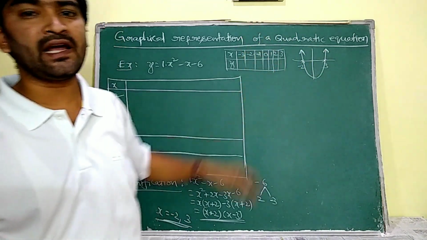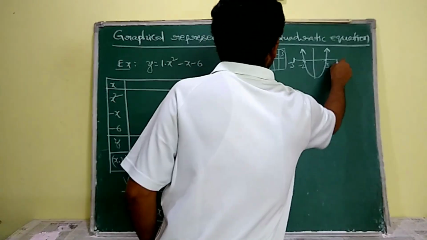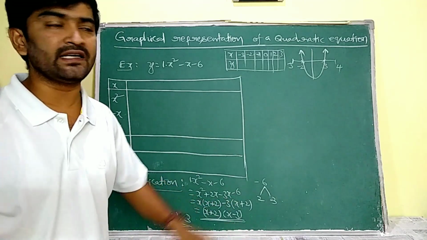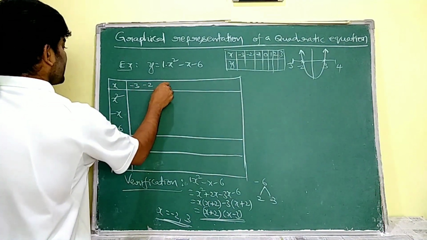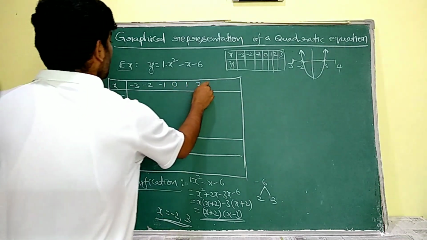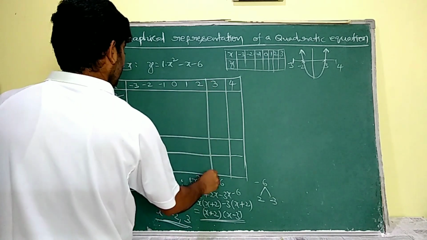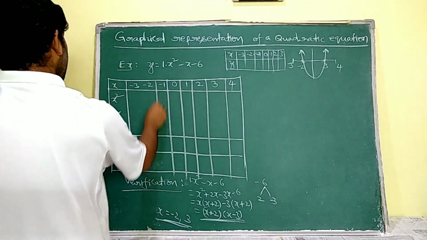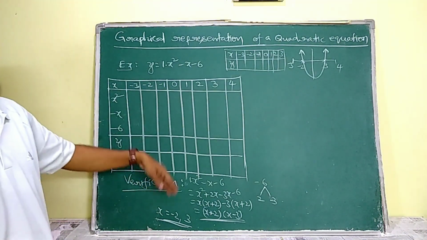I am going to take the x values as minus 3 to plus 4 now. Why? Because by taking minus 3 to plus 4 it is very clear to us. So take minus 3, minus 2, minus 1, 0, 1, 2, 3, 4. If you know the factorization, then it's very helpful to you to draw the graph, that means the ordered pair table.